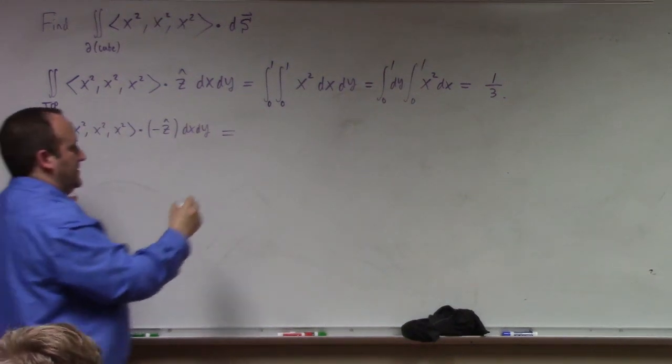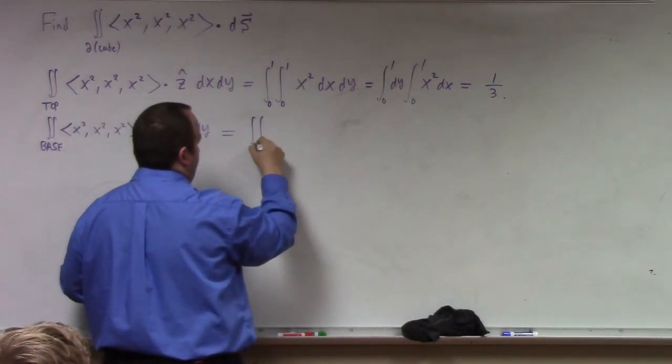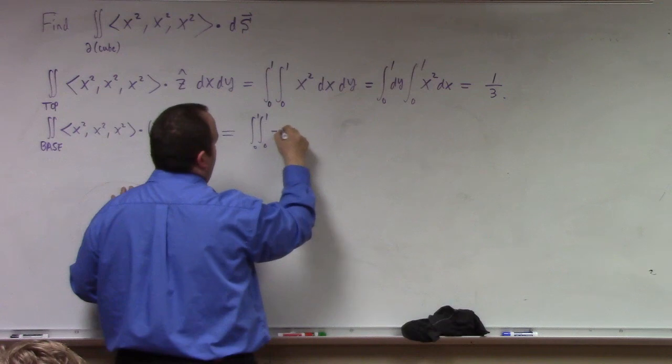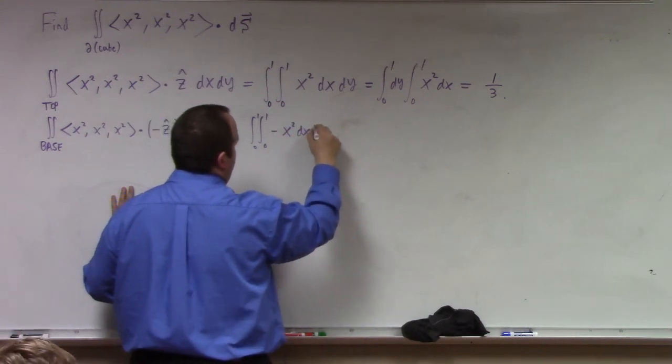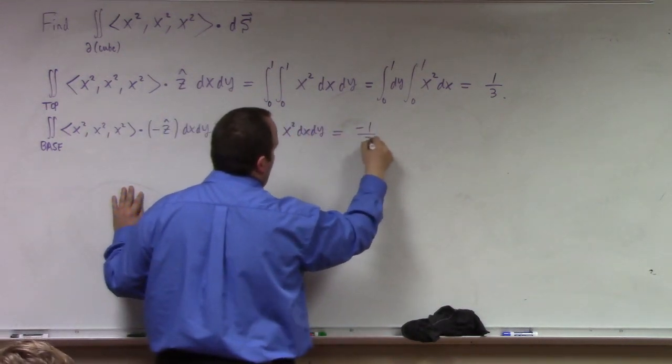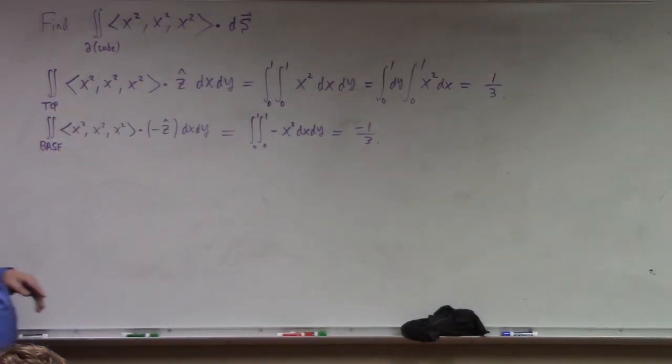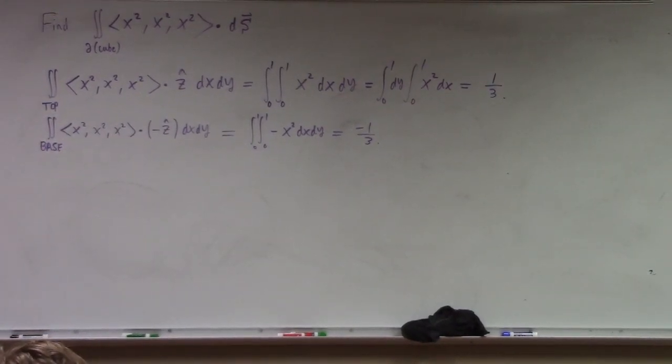So we get the double integral 0 to 1, 0 to 1, of minus x squared dx dy, which is minus 1/3.